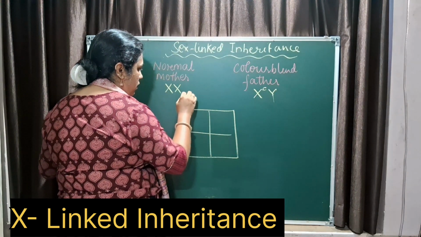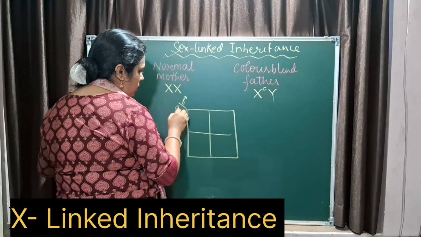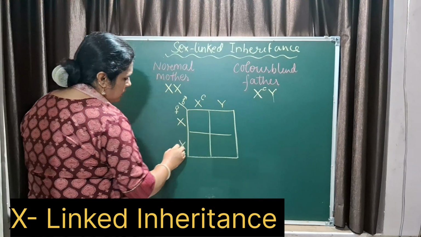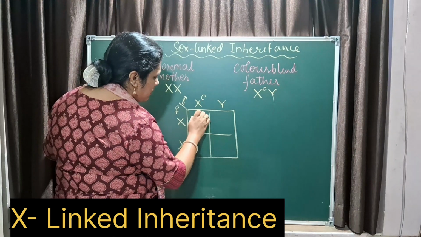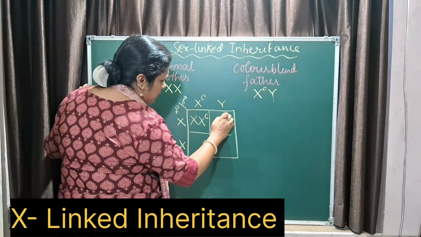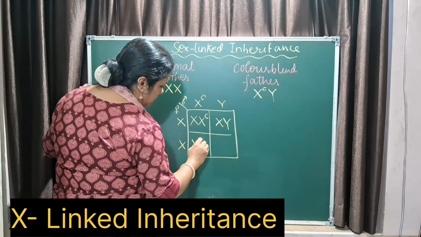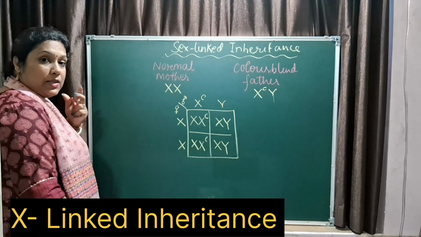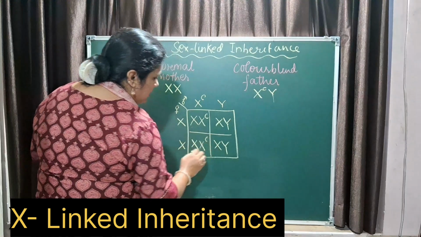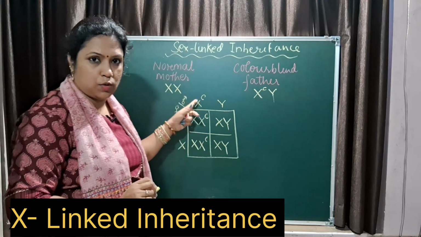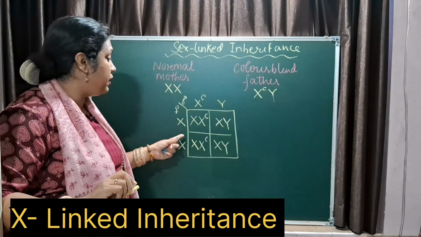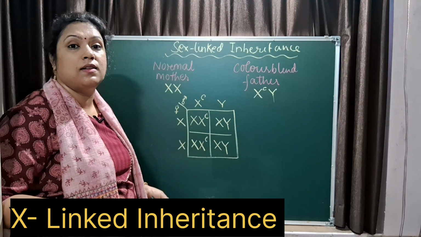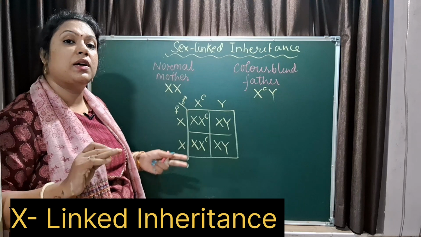So, X, XC, X, Y, X and X. So, always write the healthy one first and then the diseased: X, Y, X, XC and X, Y. Now, you can see here that these females are carrying the faulty chromosome. But since they have a double set of X chromosome, they are not going to display the disorder, rather they become the carrier.